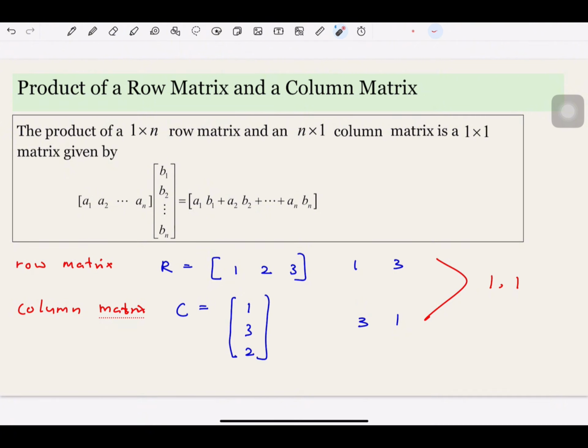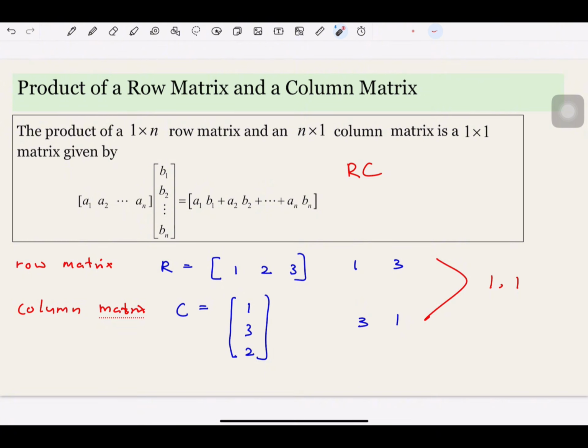So next question is, how do we multiply when we have a row matrix and a column matrix? Let's say you're interested in multiplying R and C. You can do this multiplication because the number of columns in R matches the number of rows in this matrix.